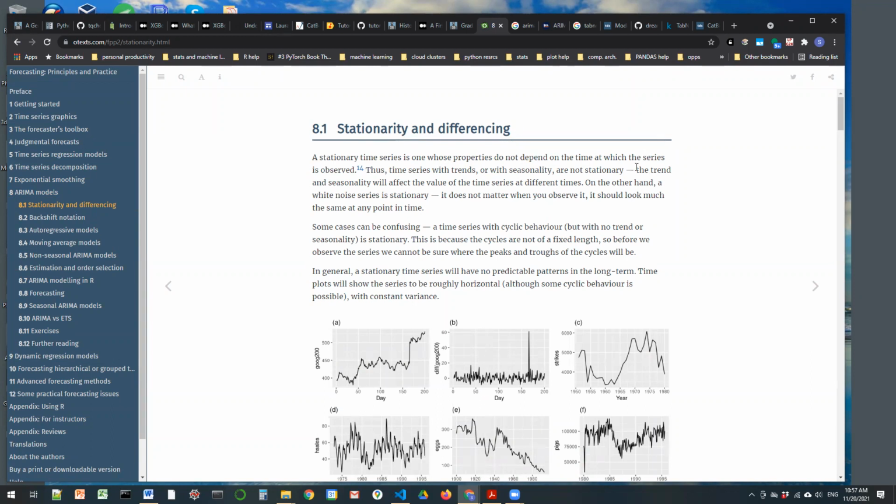Now, in our case, explicitly, they tell you that the series obviously is not stationary. And one of the challenges we have is that, depending on which time period we sample from our data set, your prediction could be dramatically different. So that obviously makes the whole prediction business very tough.